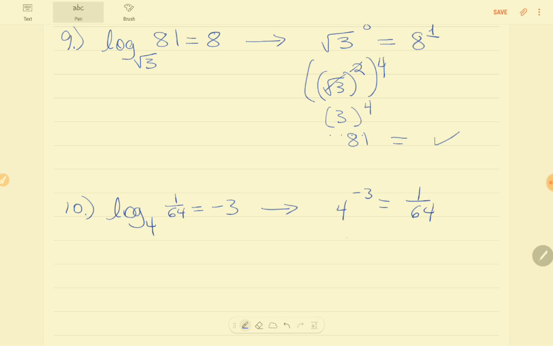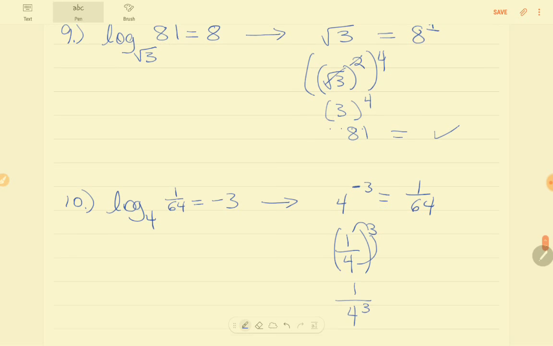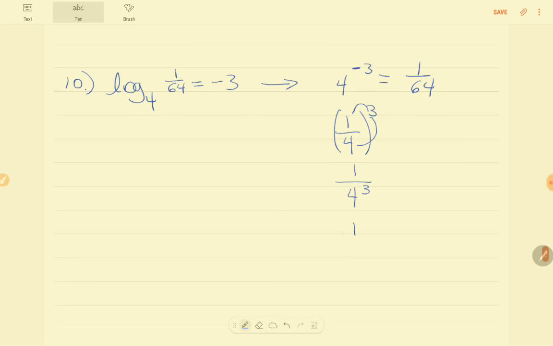And then to check if that makes sense, remember if you have a negative exponent, you can rewrite it as the reciprocal. Technically it would be like this first. When you flip the base, the exponent changes sign. And then if you distributed the power of 3 to 1, you would still get 1. And distribute the power of 3 to 4, and you would have 4 cubed, which will turn out to be 64.